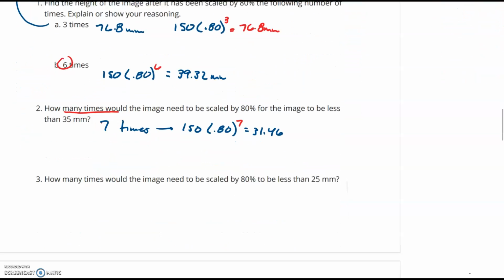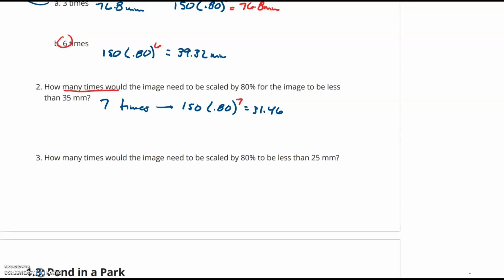Okay, number 3. How many times would the image need to be scaled to be less than 25? Well, if 7 times gave me 31.46, let's see what 8 times would give me. So 150 times the 0.80 multiplied 8 different times in the calculator.